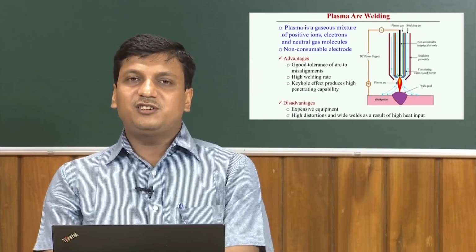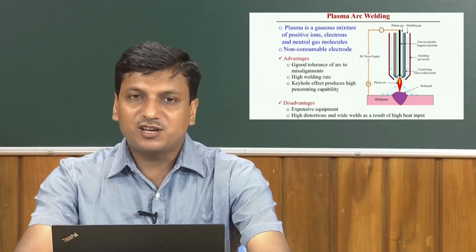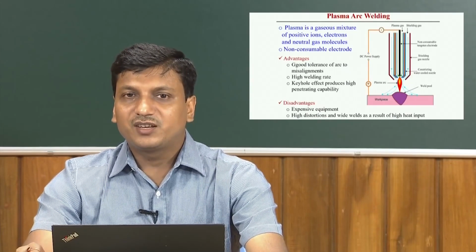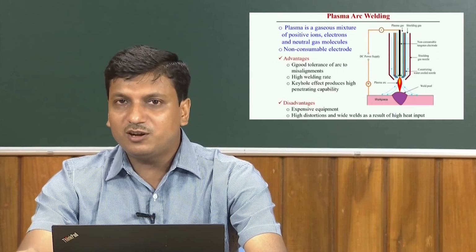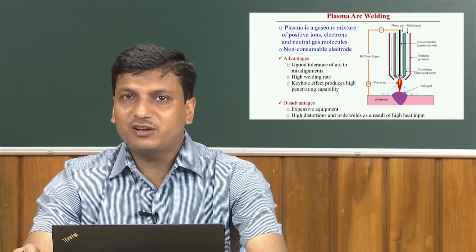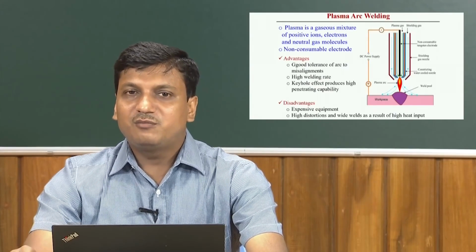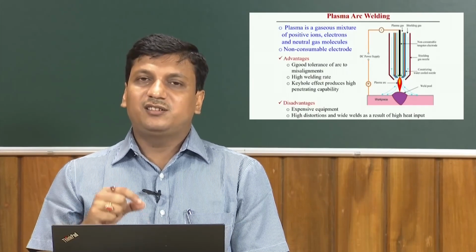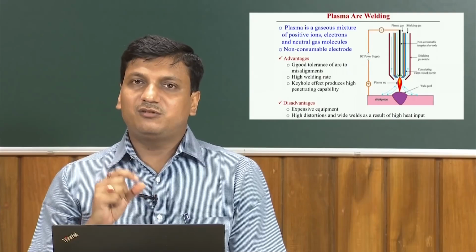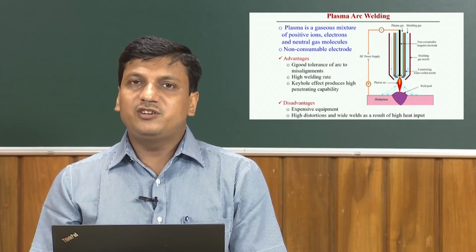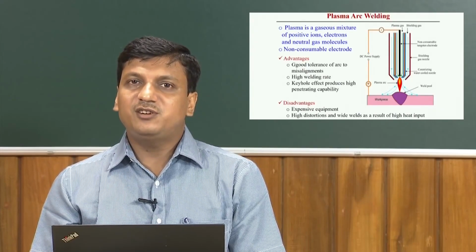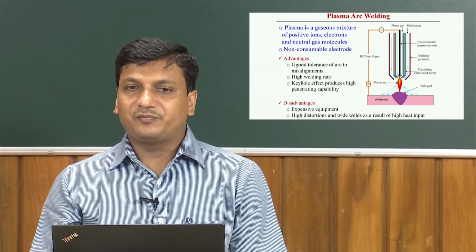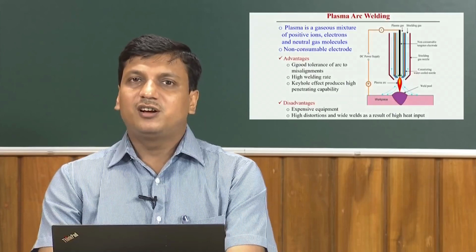So, these are the typical advantages, but another advantage is that plasma arc welding can nowadays also be developed in the microplasma range, which is called the microplasma arc welding process. Such that the welding current can be reduced to less than 10 amperes, and it can even be controlled in the range of milliamperes.